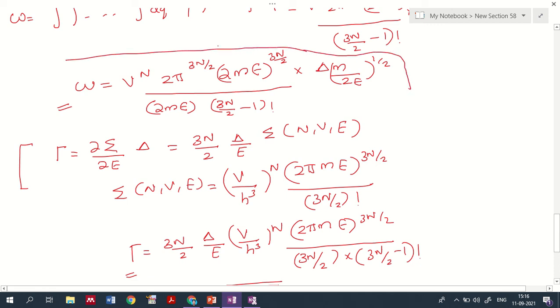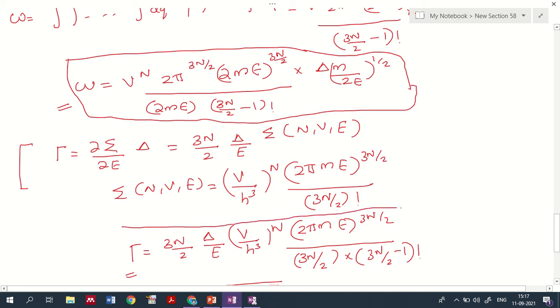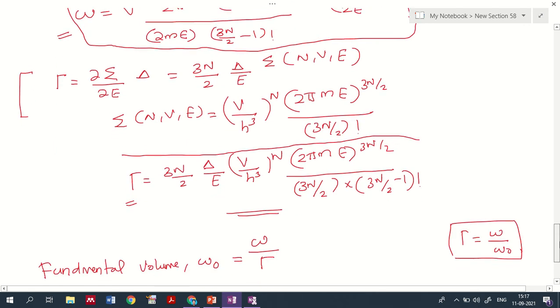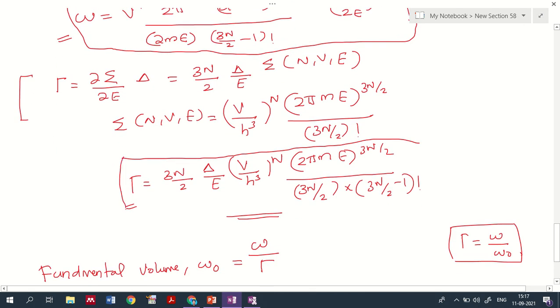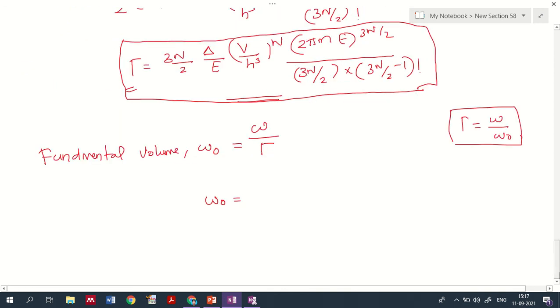So you take this out, and we also got the gamma corresponding to that. Okay, we got gamma and omega. Now we can easily find omega 0. So omega 0 will be omega by gamma.